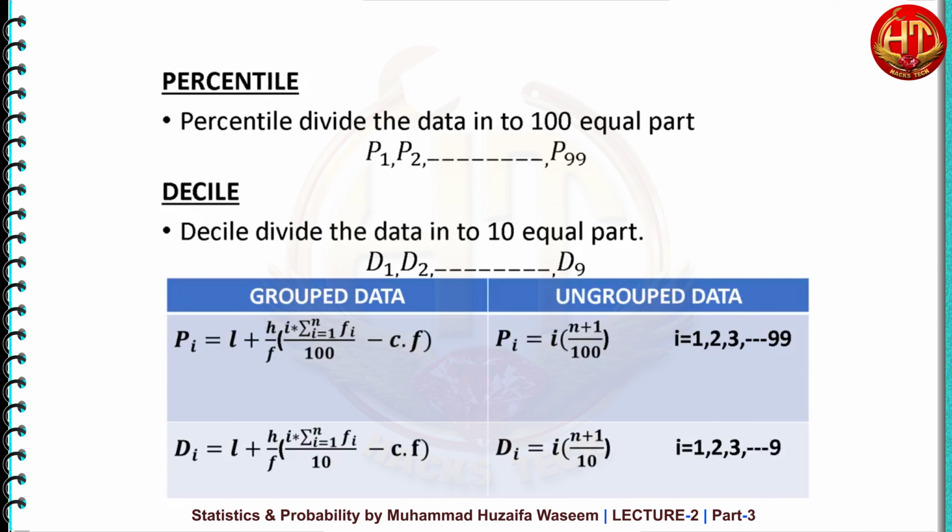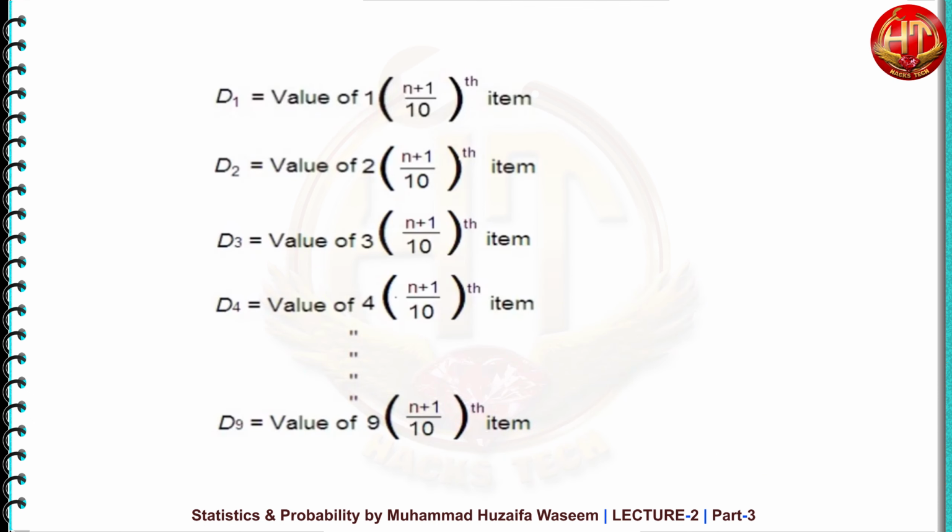If you want to calculate the 9th decile, put i equal to 9 in the given formulas. Put i equal to 1, then this is your first decile formula. Put i equal to 2, this is your second decile formula, up to i equal to 9, this is your 9th decile formula.